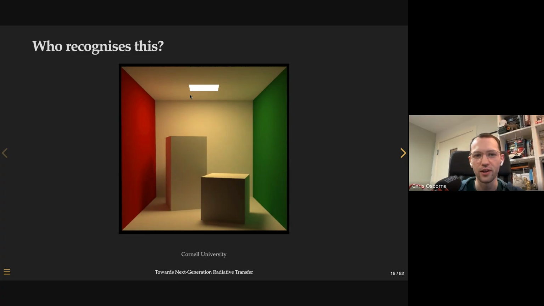So the white light bouncing off the red, lighting the side of this box here, and bouncing off the green here, and all the various shadowing, the widths of the shadows, how much these semi-shadowed regions are actually shadowed. You have effectively a perfect reference for this that you can then try to reproduce. And this remains the standard test case for a classical ray tracer, path tracer that is used in computer graphics for this reason.